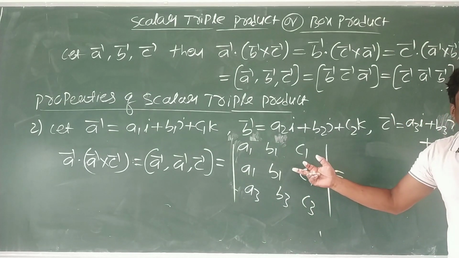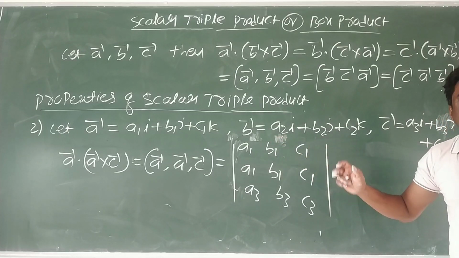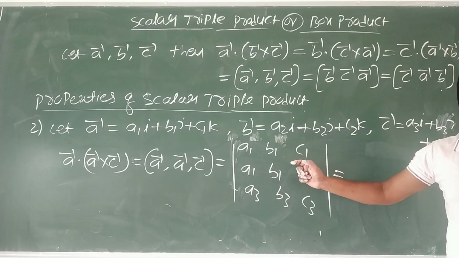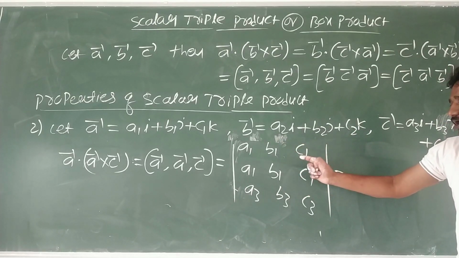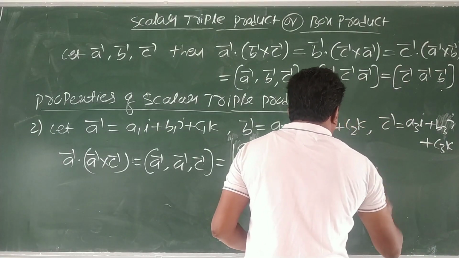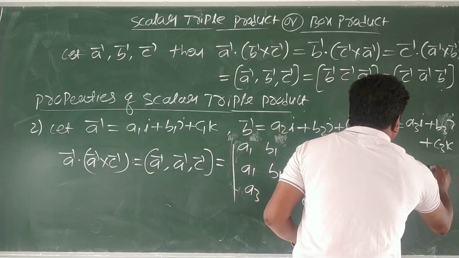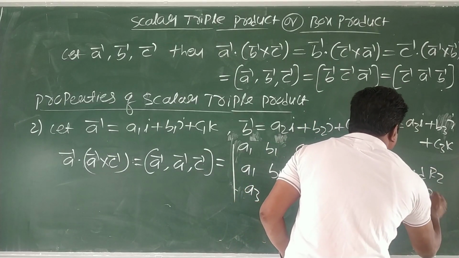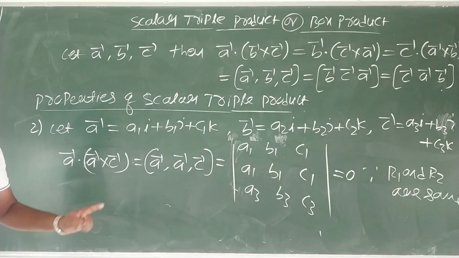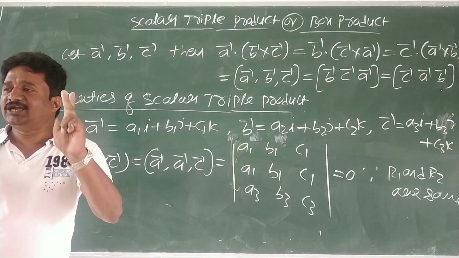According to the determinant property, in a determinant, if two rows are same, what is its value? 0. In a determinant, if two rows or two columns are same, the value of the determinant is 0. So this is 0 because R1 and R2 are same. From this it is so clear. So the box product vanishes if it contains any two identical vectors.